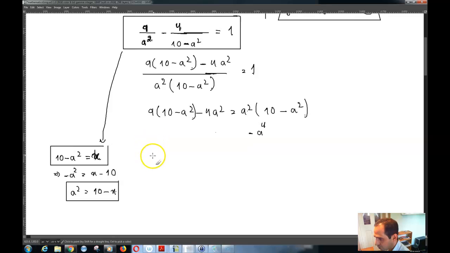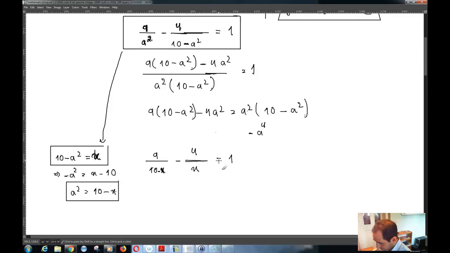So the equation becomes 9 over a squared, which is 10 minus x, minus 4 over 10 minus a squared, which is x, is equal to 1.